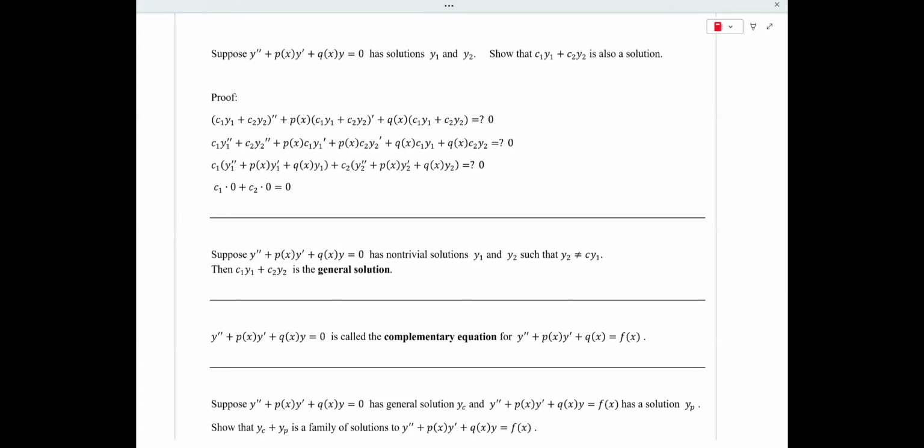This is some background stuff for the next chapter. Basically, we're going to start second order. So we're done with first order now. We're going to start second order, that's like second derivative. So we're going to start looking at equations now like y double prime and then stuff in these.